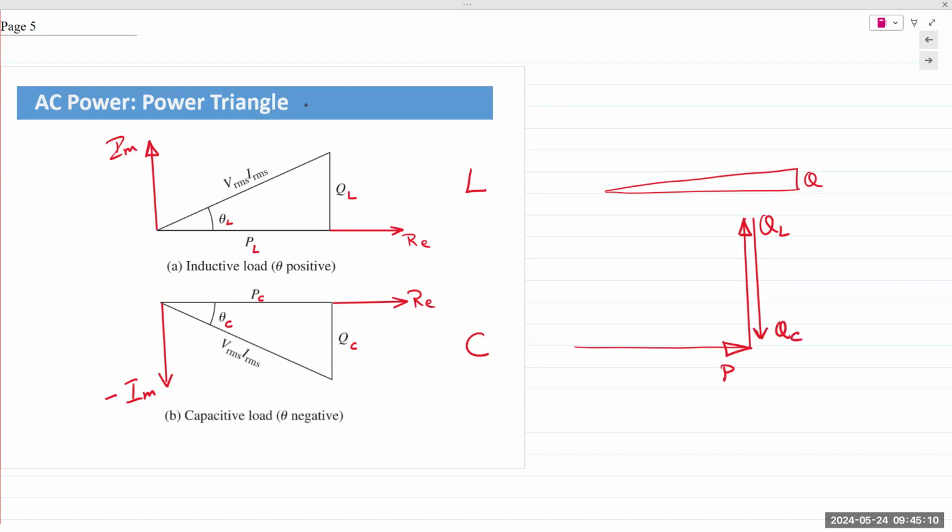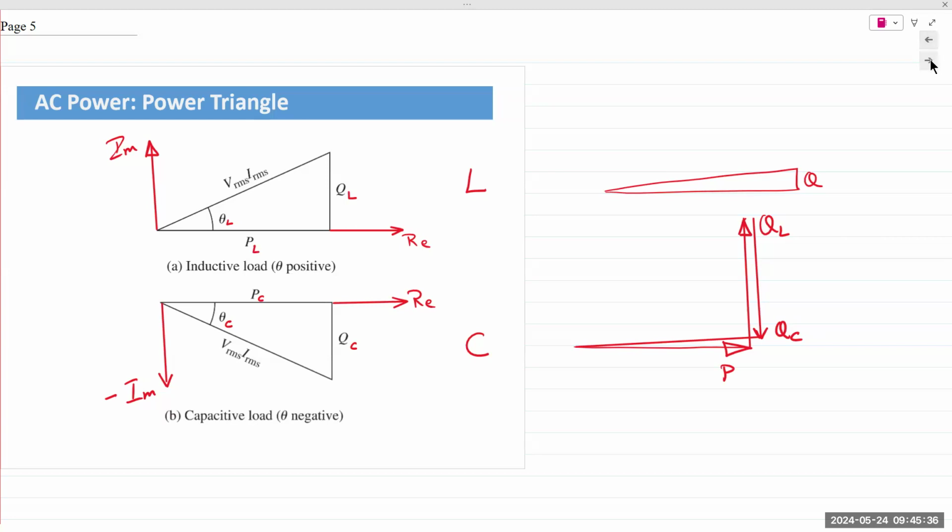And so the resulting triangle or the requirement is only this much. Does that make sense? Your inductive requirement is, let's say, maybe 10 units. Your capacitor provides 9. So the source only has to send 1 unit after the first half cycle, of course. And that is, of course, known as the power factor correction.